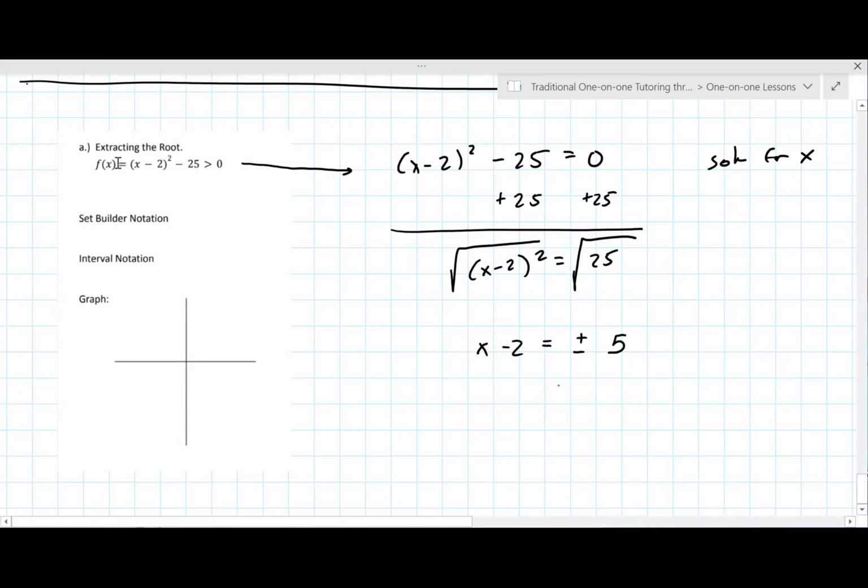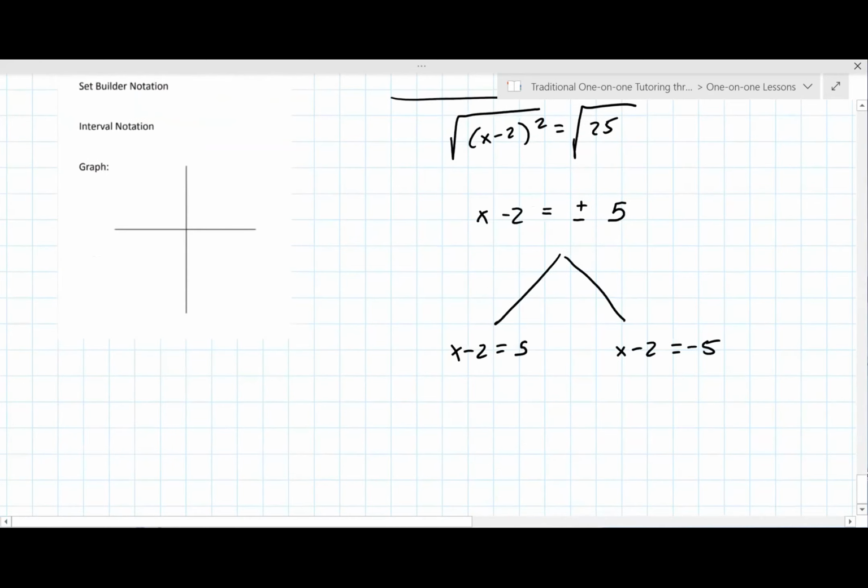And this is really two equations: x minus 2 equals 5, and x minus 2 equals minus 5. So what are the two solutions here? What does x equal?